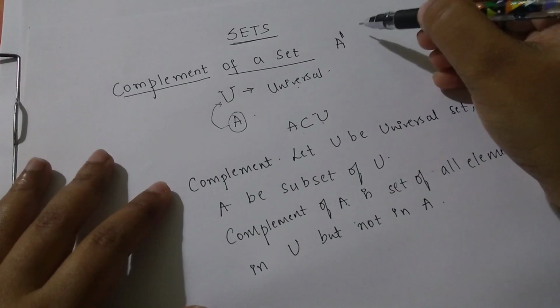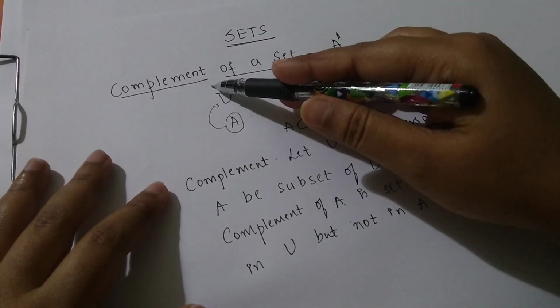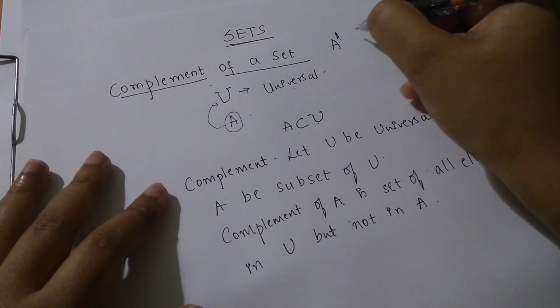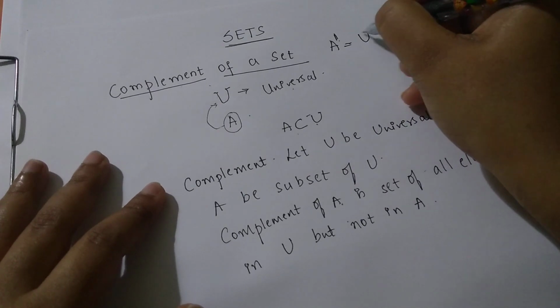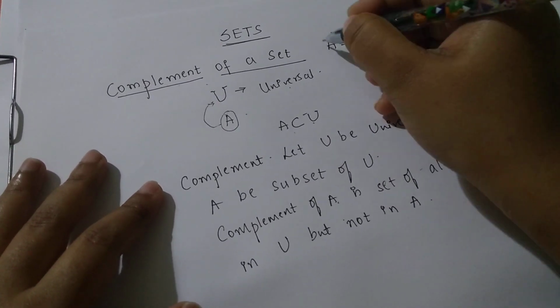So A dash is the symbol used to denote the complement of a set. A dash is equal to U minus A.